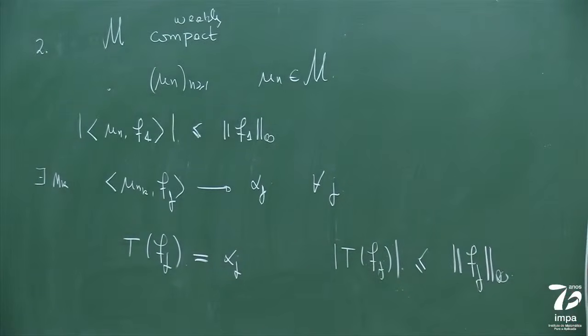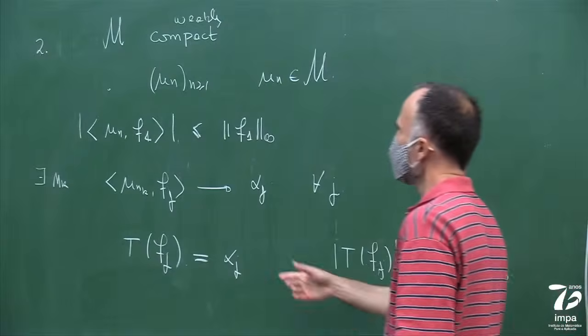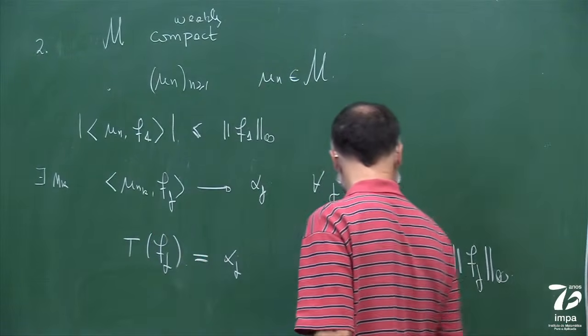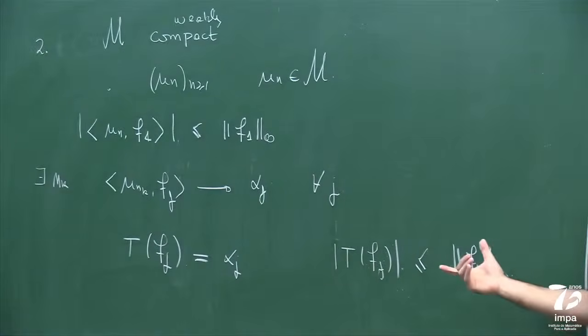This is by our construction. I know that mu_n f_j is always bounded by that, so any limit will satisfy this. Alpha_j has this property.